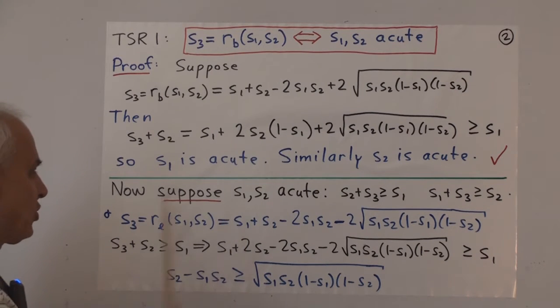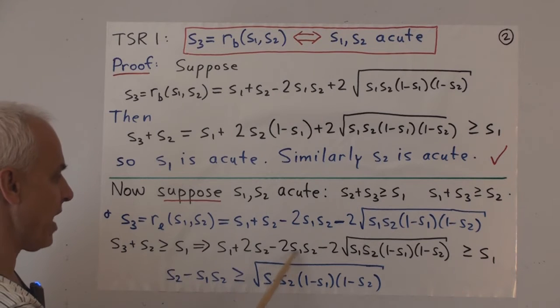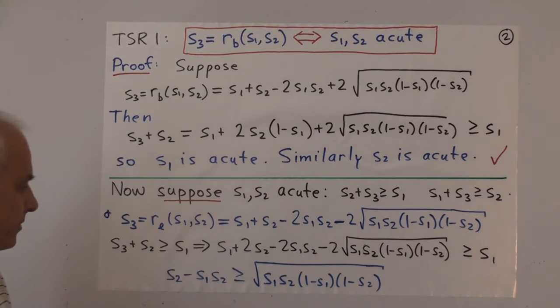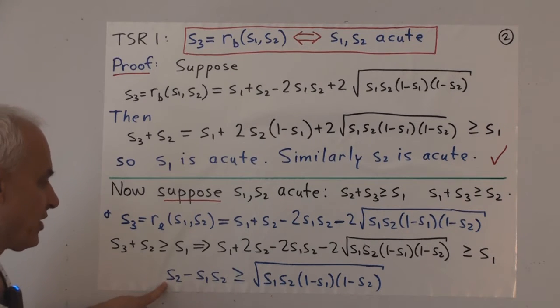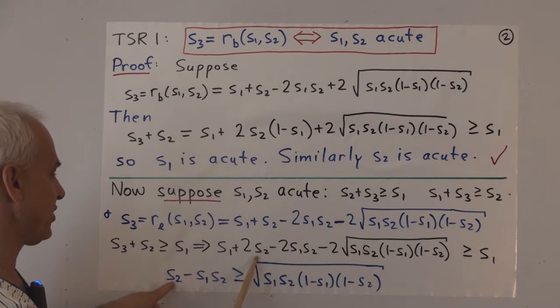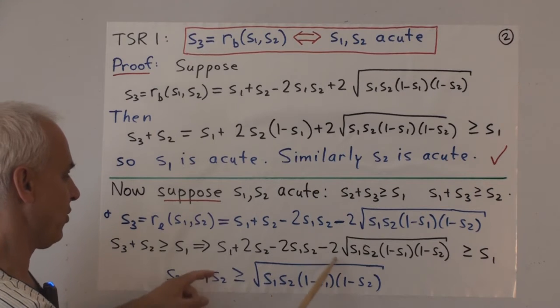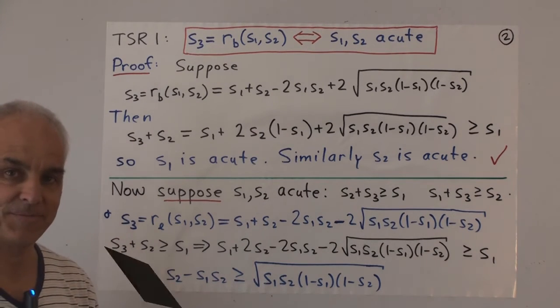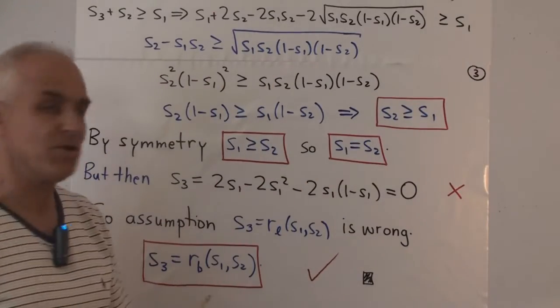If we add S2 to it, we get S1 plus 2S2 minus this, and that's supposedly bigger than or equal to S1. And that tells us that S2 minus S1 S2, because we cancel the S1s and then divide by 2. So we have an S2 here, a minus S1 S2, and we bring this stuff to the other side. So we get this inequality. So that's the inequality we've just established.